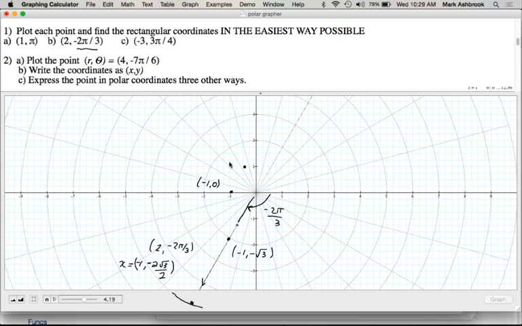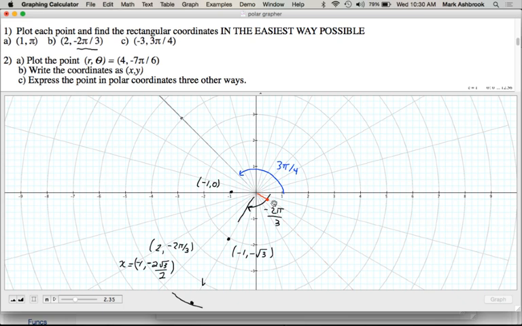So right there is 3 pi over 4, so I'll do it in blue. And then where am I going from there if I'm going to plot? Into which quadrant? Right, so then my red would be this way.